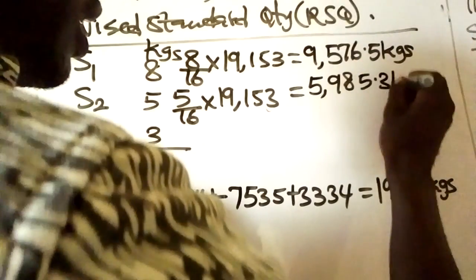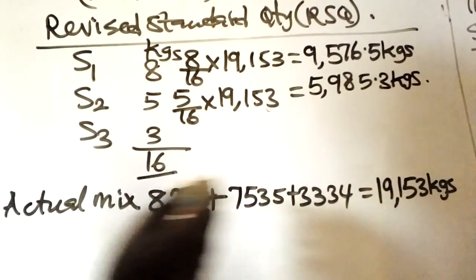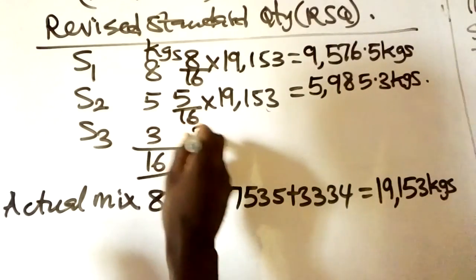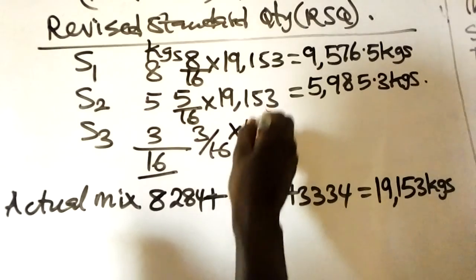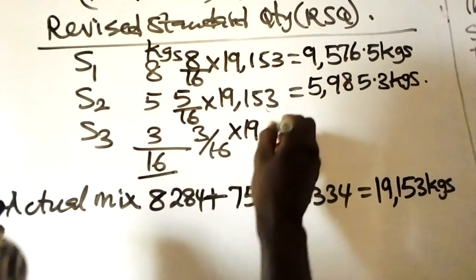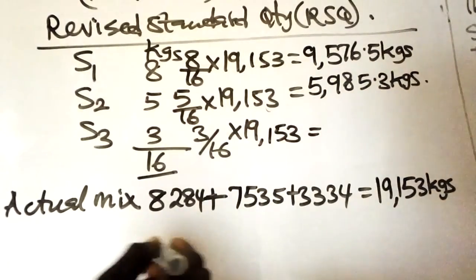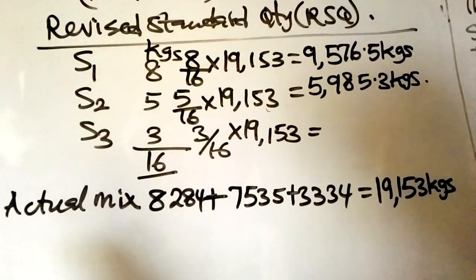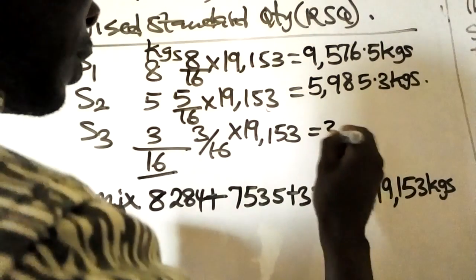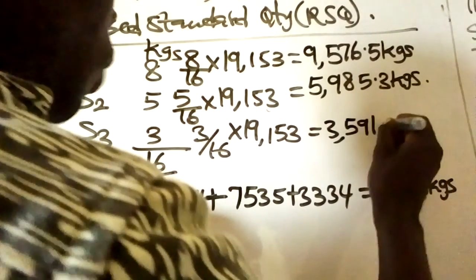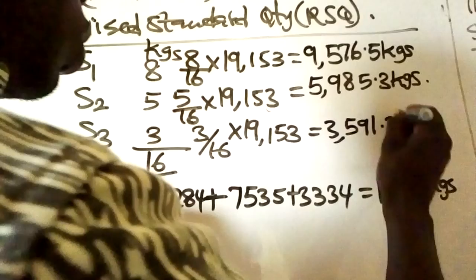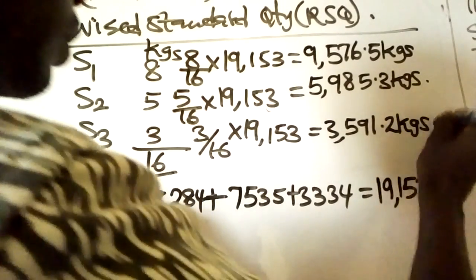5,985.3 kilograms. For S3, we have 3 out of 16 times 19,153. That will give us 3,591.2 kilograms.